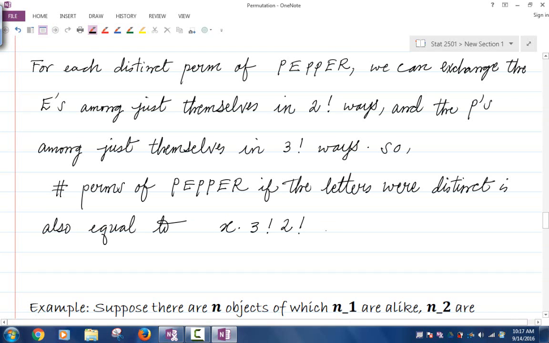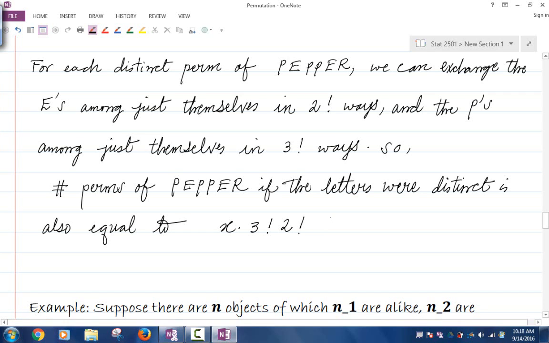Let's see if you agree with that. There are x distinct permutations, and for each one there are 3 factorial times 2 factorial ways you can rearrange the P's and E's among themselves, right? Is that making sense? So therefore, x times that would be the total number of permutations if they were distinct.